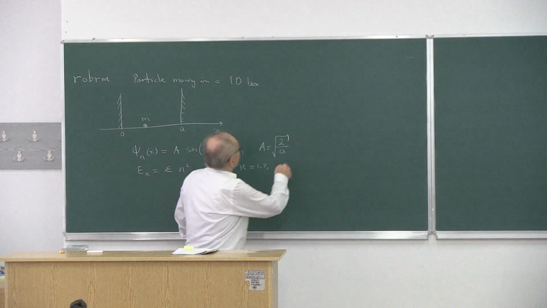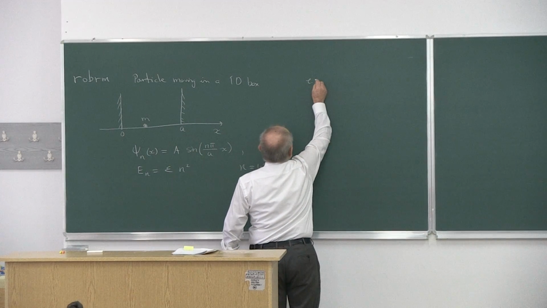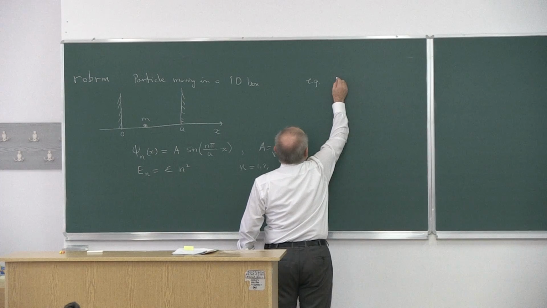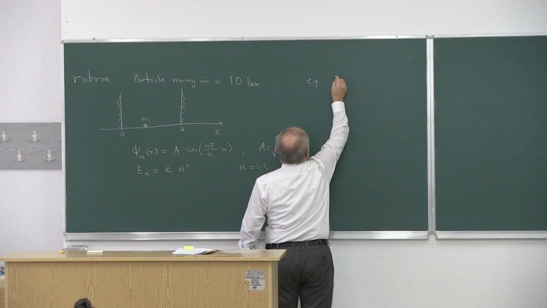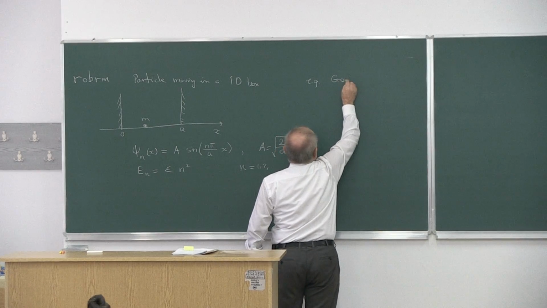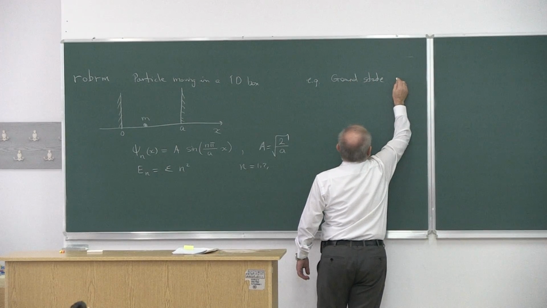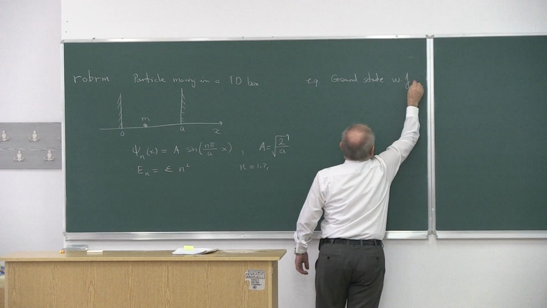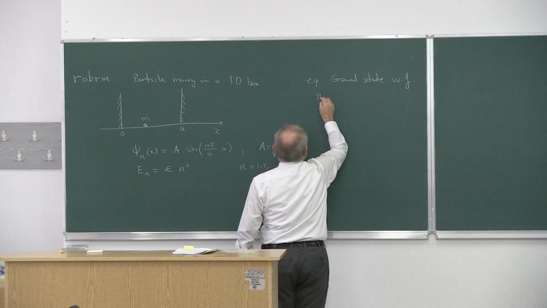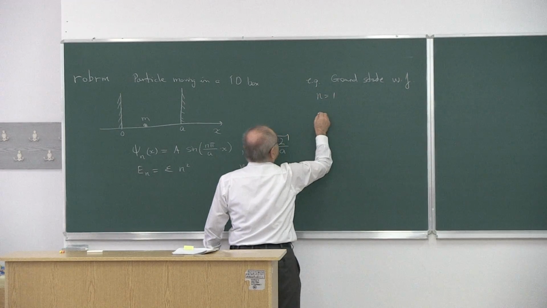Okay, so for example, the ground state wave function is for n equals 1.